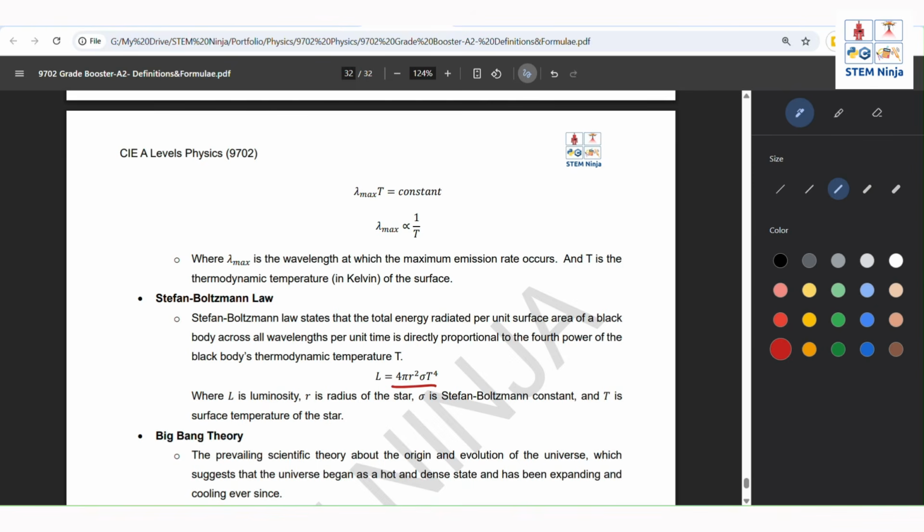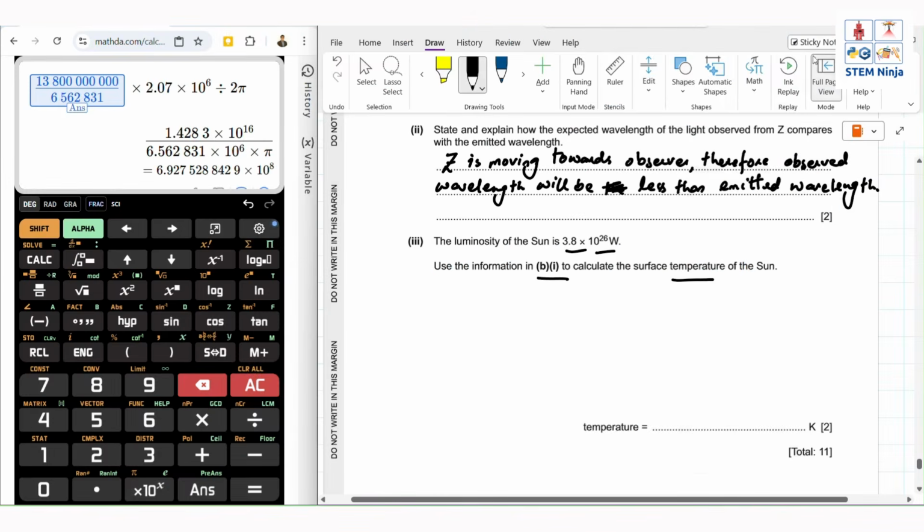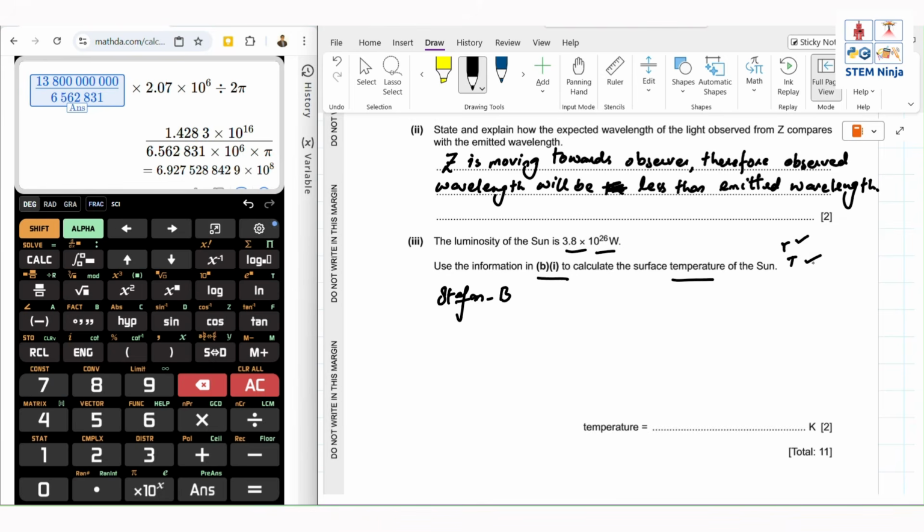For sigma, we'll have to see the data sheet. We don't have to go through anything else, because we know the radius. Oh no, sorry, we need to find the surface temperature. What else? We know the luminosity. Right. So Stefan-Boltzmann law.